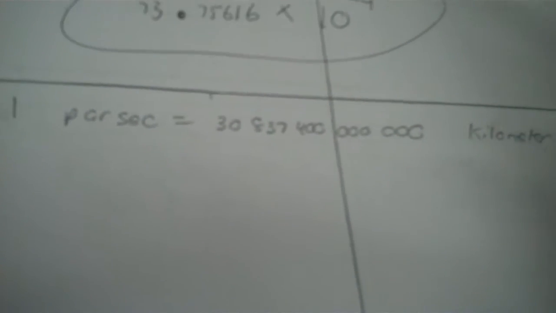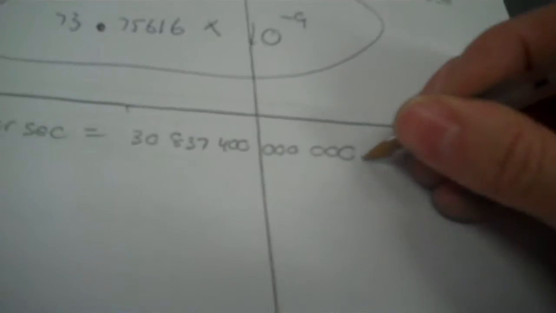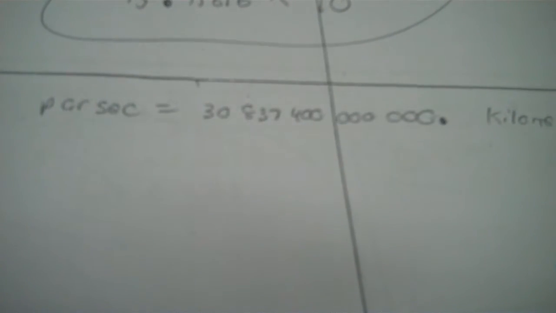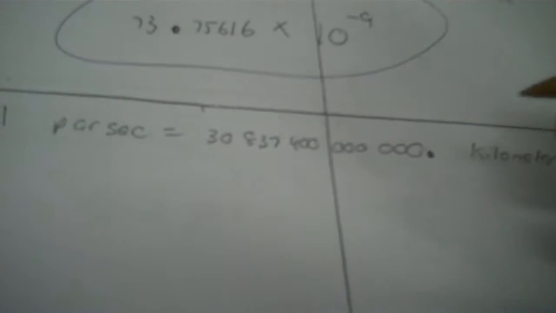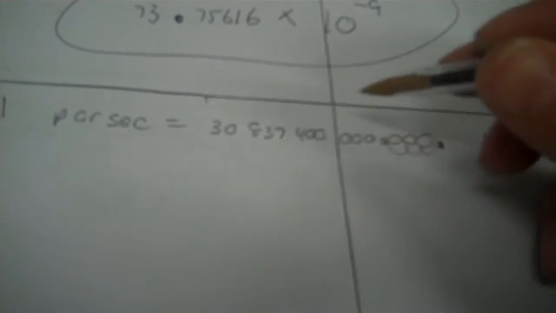Okay, next one, you're converting that into engineering notation. Okay. You got 1, 2, 3, 4, 5, 6, 7, 8, 9, 10, 11, 12, 13, 14. You notice how I'm counting the zeros because we have other numbers in there, okay? So, way too many. Still way too many.